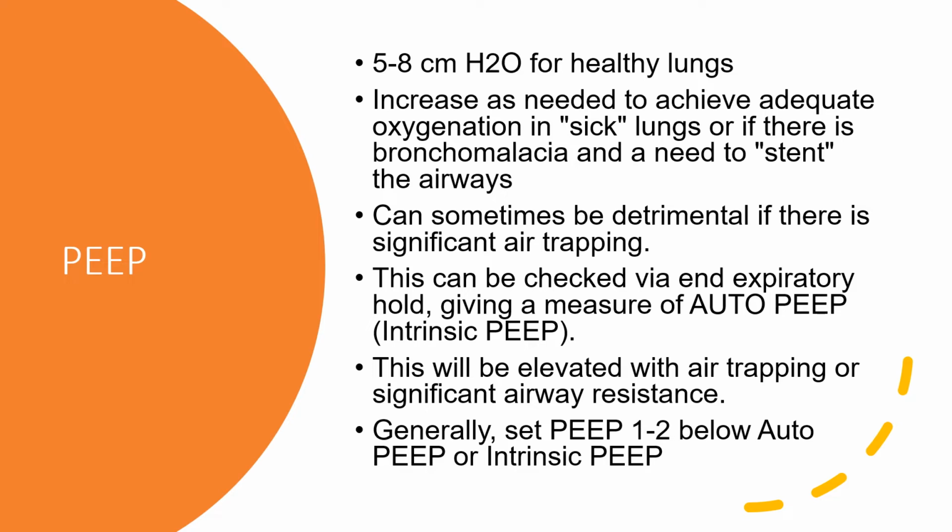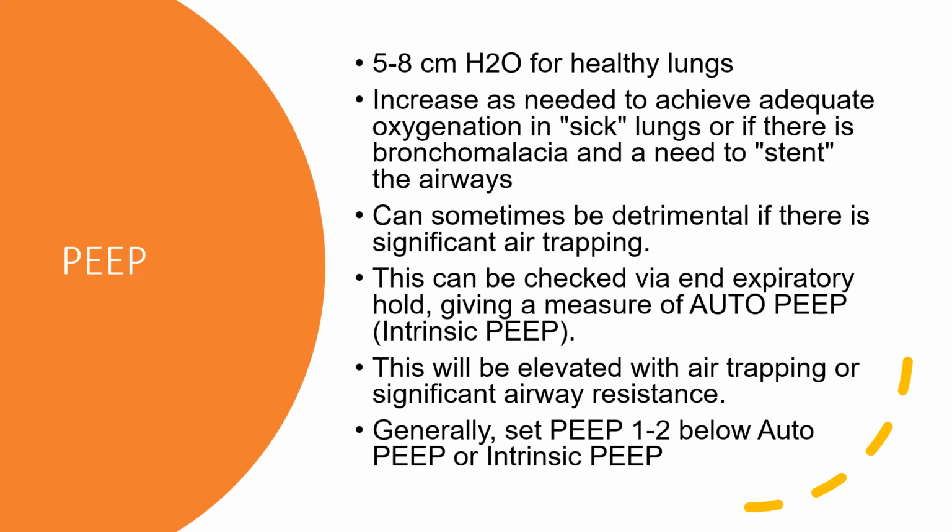And a lot of times when you put on high levels of PEEP, you have to do what is known as a PEEP maneuver, or determine the intrinsic PEEP of the ventilator. A lot of ventilators have this feature, and basically it's an expiratory hold on the patient, and you can determine the intrinsic PEEP. Intrinsic PEEP is trapped gas in the lung.